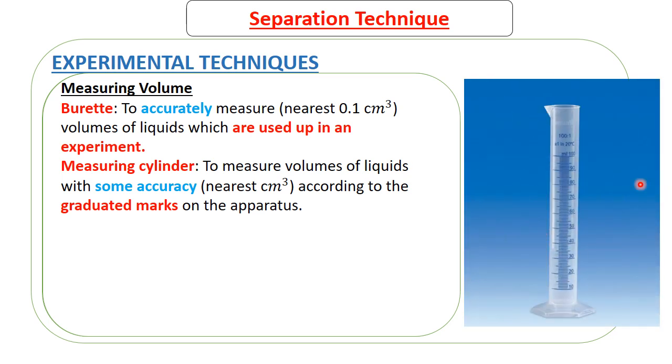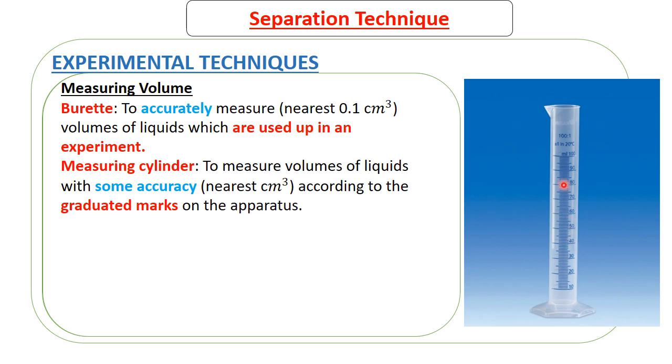So again, when you want to do an experiment, if you want to have a certain liquid that you are going to use in the experiment, you just pour that liquid here. As you are pouring, you check the reading here. So if you want, for example, 40, when it says 40, then you know that you have the desired volume.